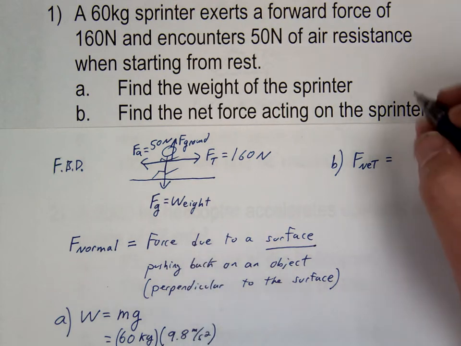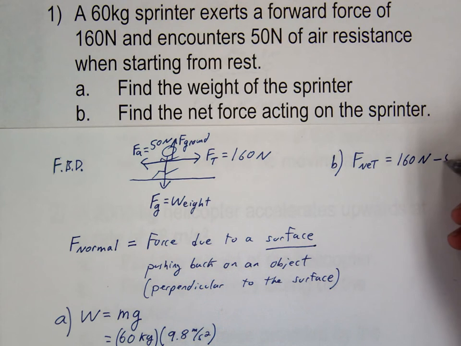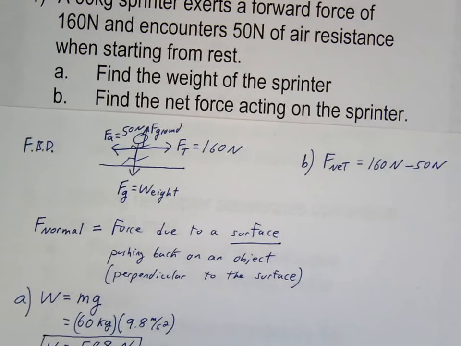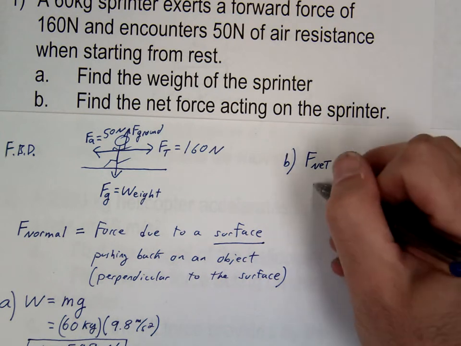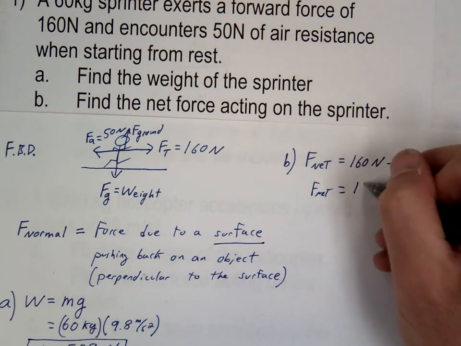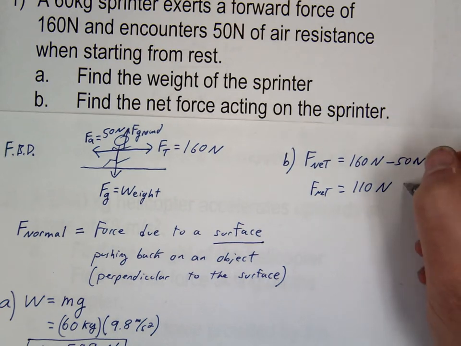So you're just going to subtract that. 160 newtons minus 50 newtons gives us a net force of how much? 110 newtons. So that's our net force. What direction should this be? To the right is good, or east is good also.